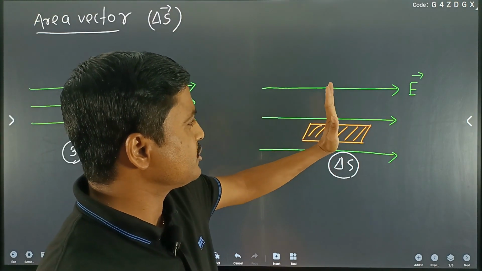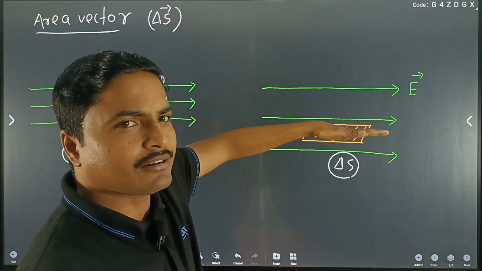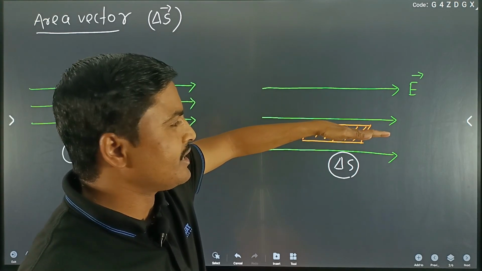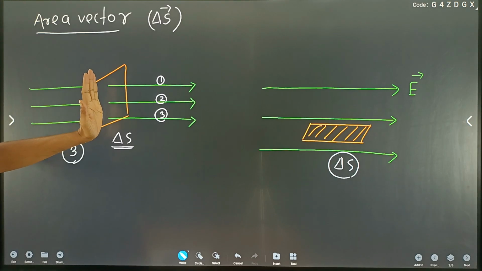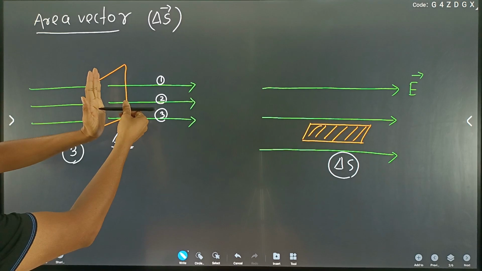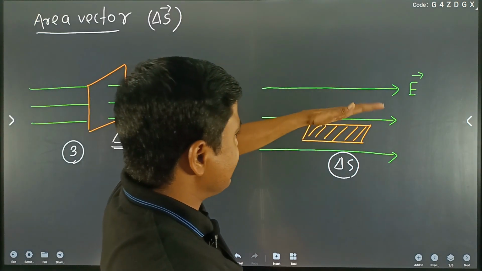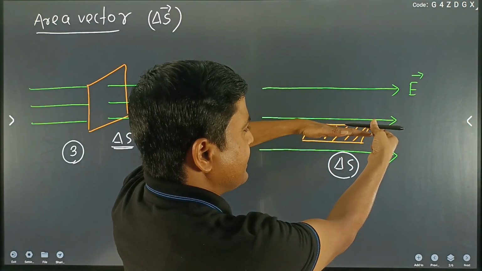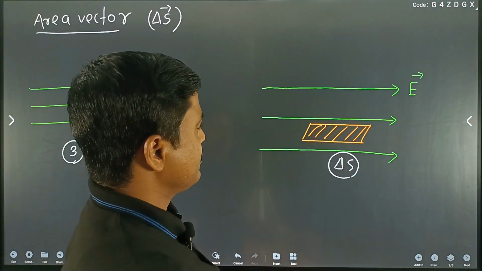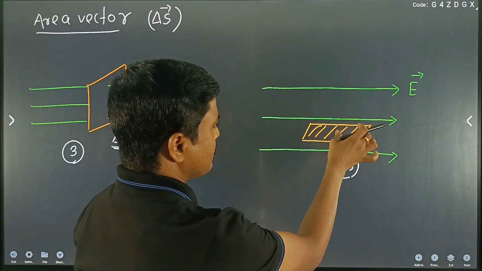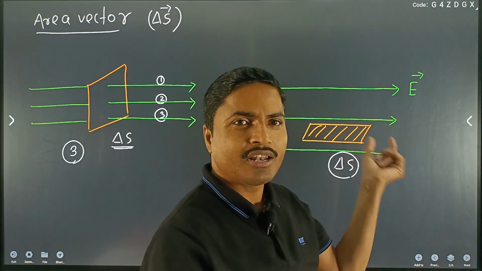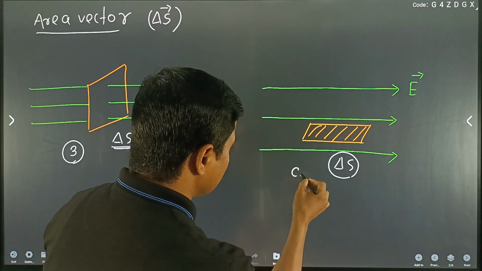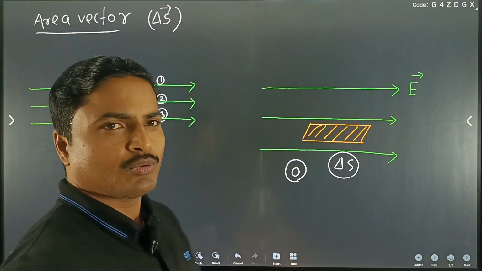In the first case, del S is perpendicular to the electric field lines. In the second case, del S is parallel. So the number of lines of force crossing through this small area element is equal to 0.